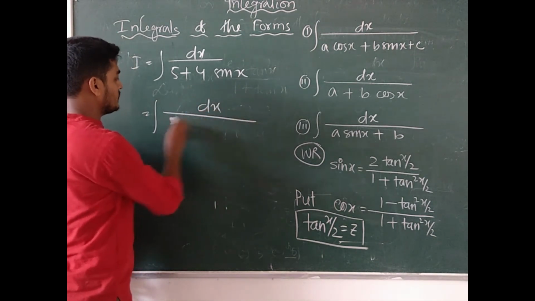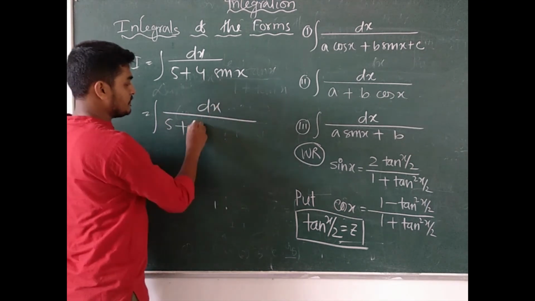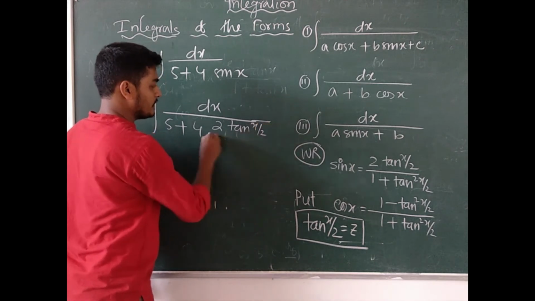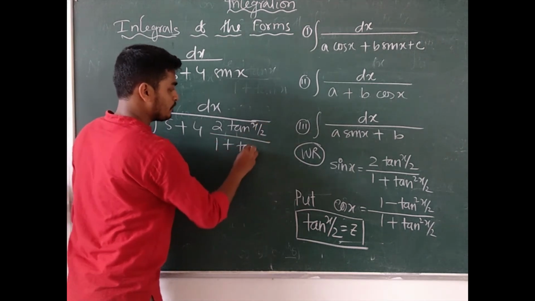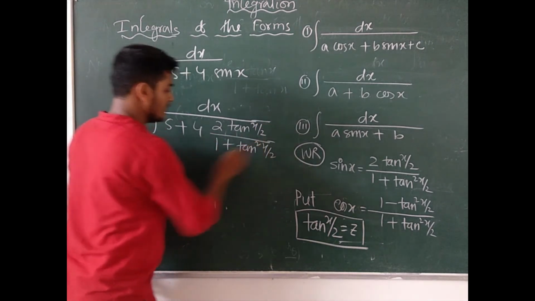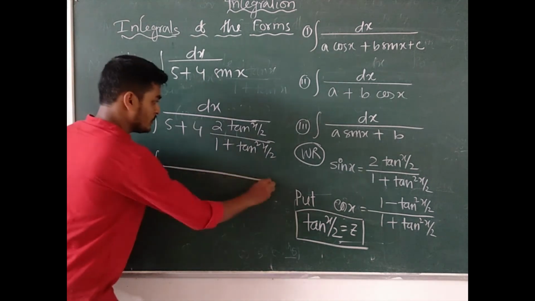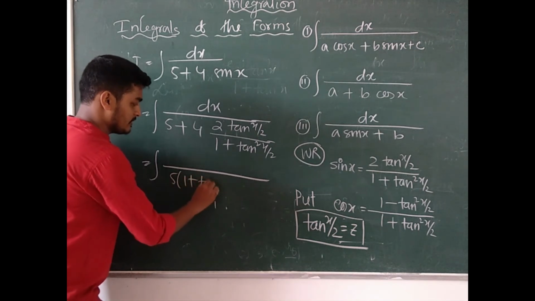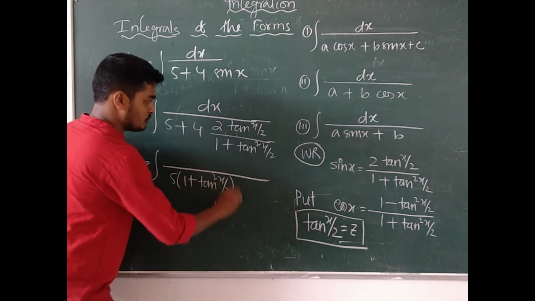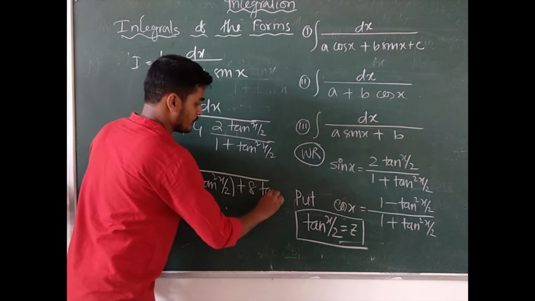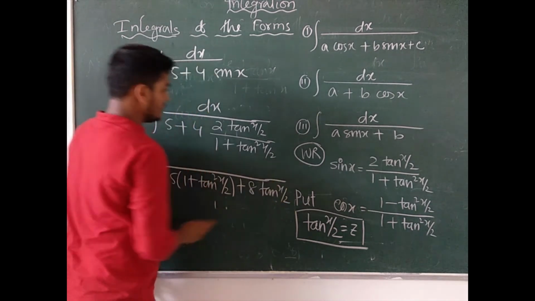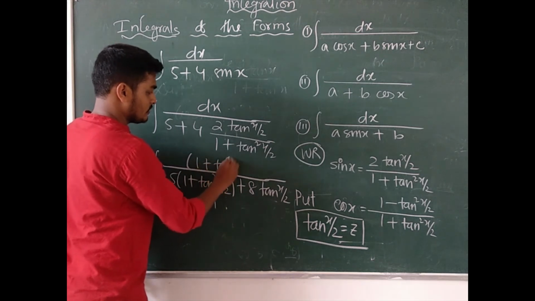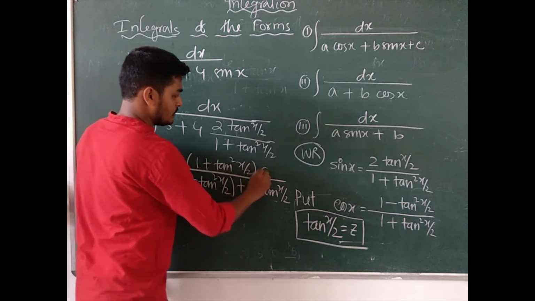Putting the values, 5 plus 4 times sin x, which is 2 tan x by 2 divided by 1 plus tan square x by 2. Now try to simplify. The LCM is 5 into 1 plus tan square x by 2 plus 8 tan x by 2. Correct? And the numerator will be 1 plus tan square x by 2 dx.